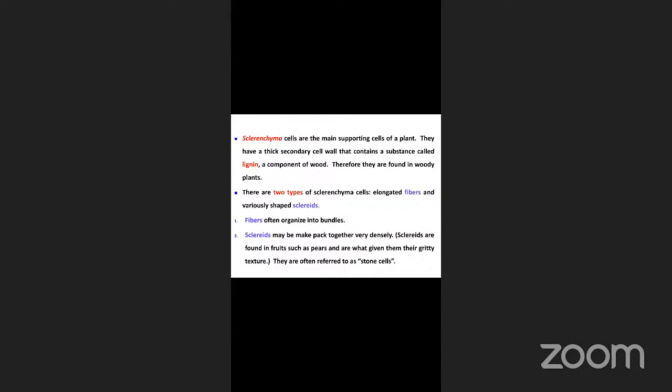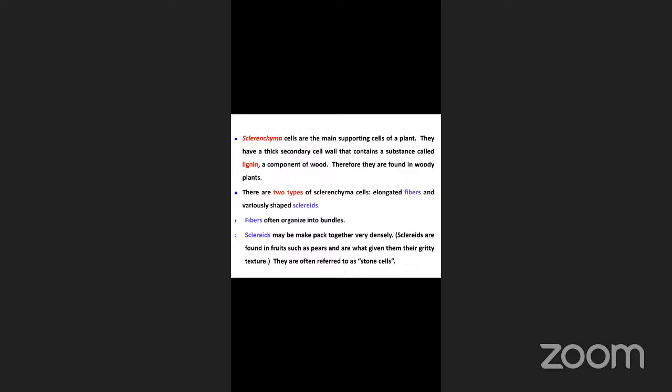All these cells are lignified, very thick cells, commonly called stone cells: brachysclerites, macrosclerites, osteosclerites, and trichosclerites.